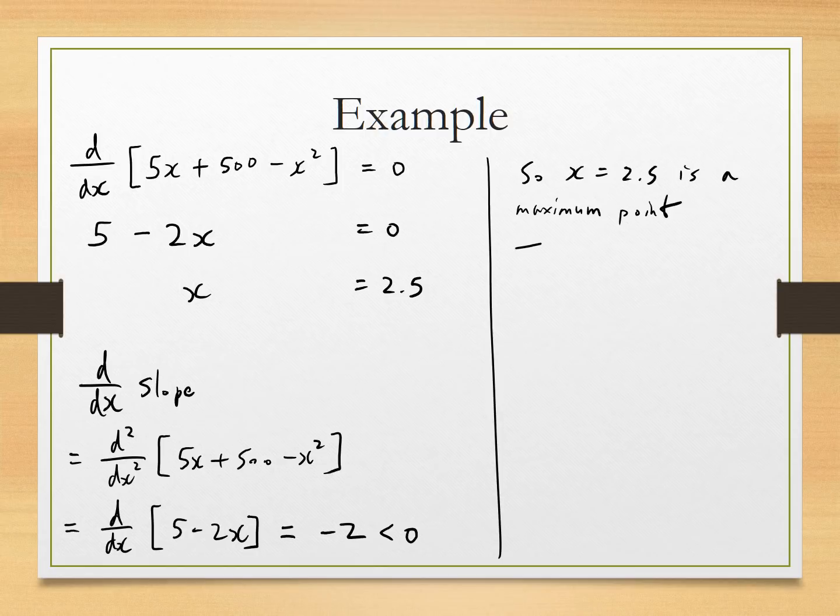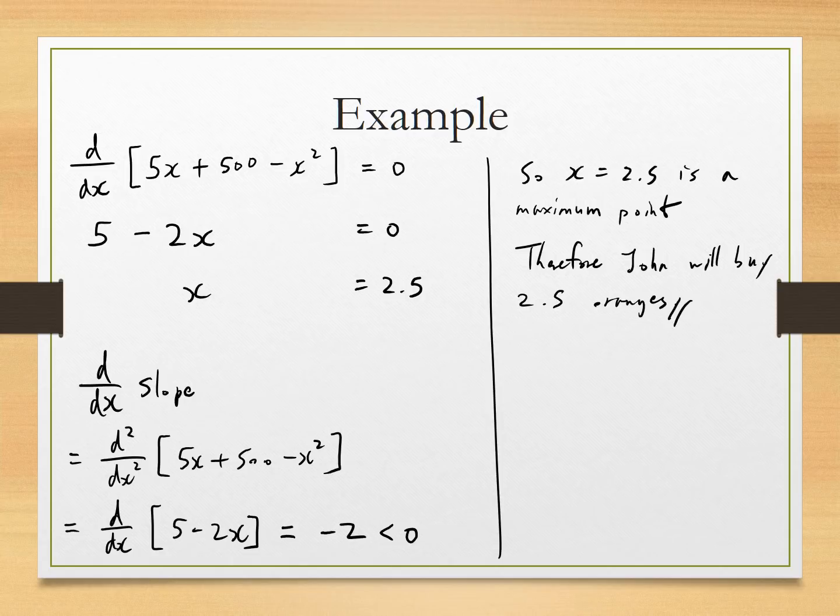And therefore, John will buy 2.5 oranges. Okay, so that's the answer. That's a very typical economic question in consumer choice. You will be given a utility function, prices, wealth, and then you'll be asked to figure out how many units the consumer will buy. And this is what we just did.